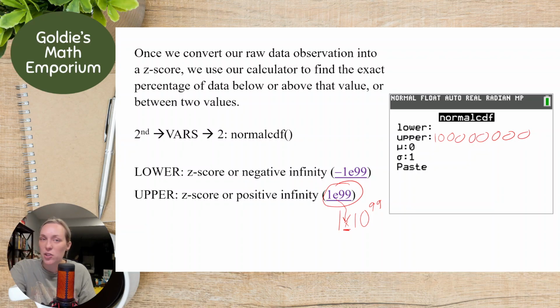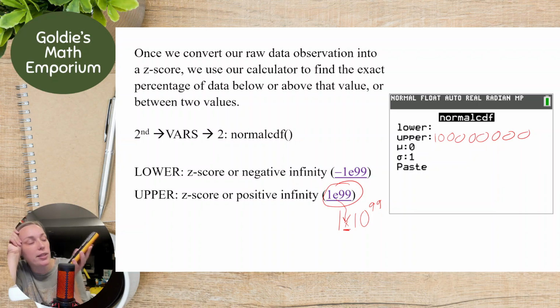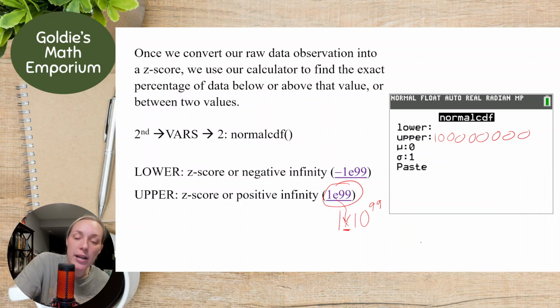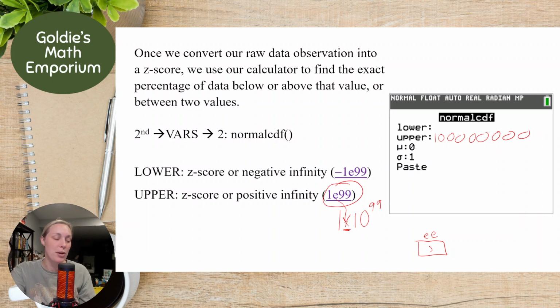That is on my calculator here, and it's going to be on probably most of your calculators. Right above the comma button is that EE. You press second and then press that comma button, and that's going to get this E to pop up, and then 99.